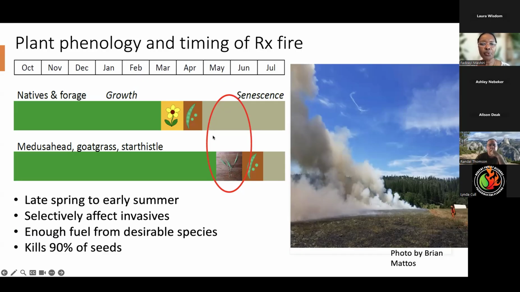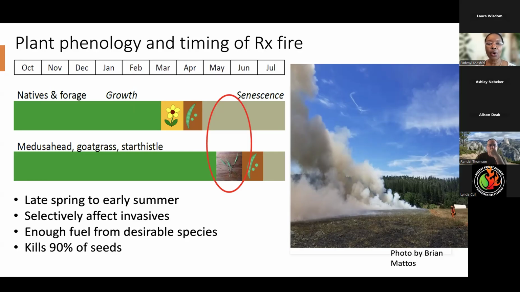Research has shown that most of the more desirable plants or forages grow early and seed earlier and actually drop their seeds before the medusahead or goatgrass or yellow star thistle do the same. So they stay green a little bit longer.